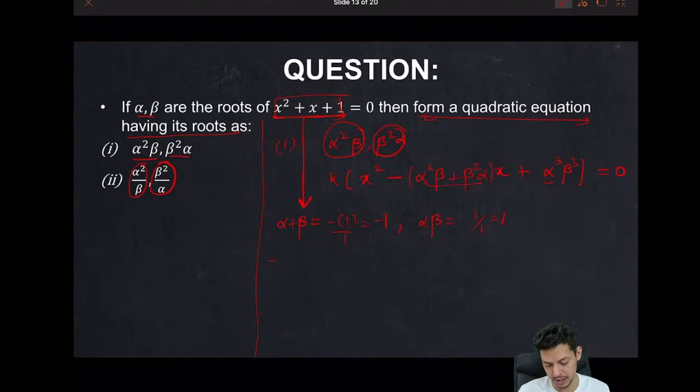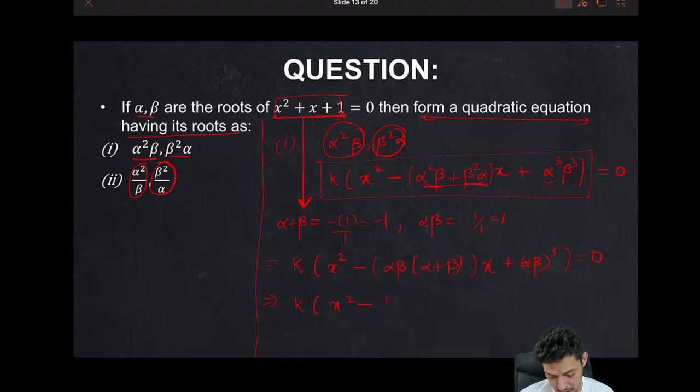Now go back to this expression. Here we can write k times x square minus alpha beta times alpha plus beta, taking alpha beta common out of alpha square beta and beta square alpha. All of this you will have to visualize; there is no theory to be taught here. This is alpha beta whole cube equal to 0. Now substitute the values that you have got.